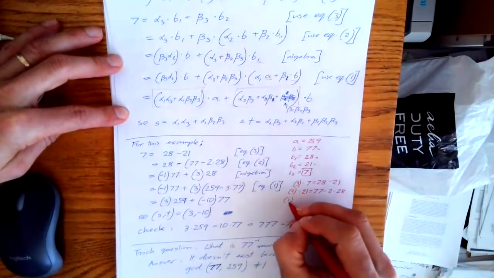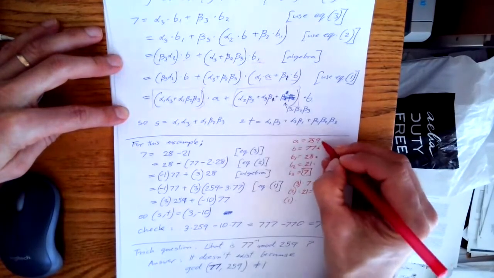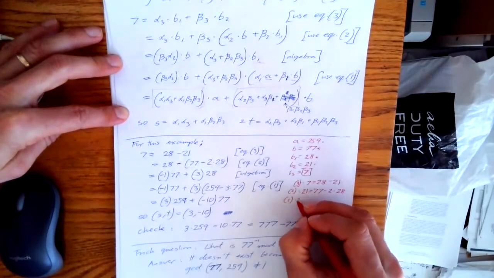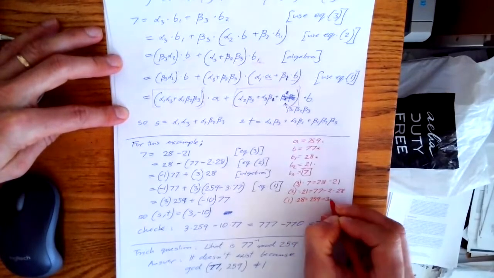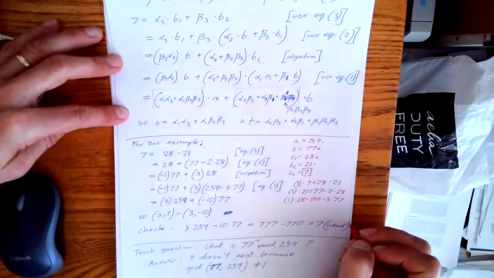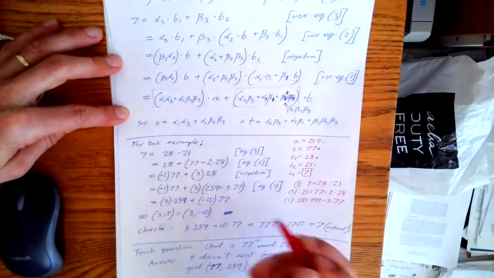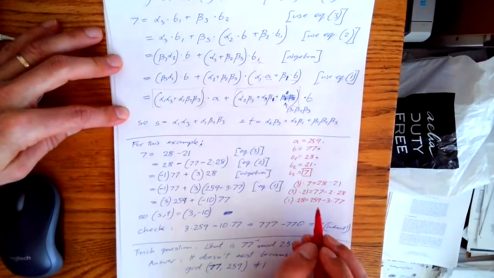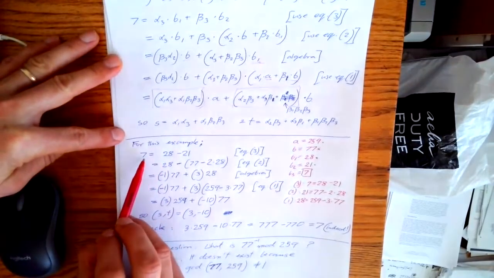And equation 1 expressed this guy as a linear combination of these two. And what did it say? It said 28 is 259 minus 3 times 77. And these coefficients don't really matter. Whatever they were, you will be able to compute them, right? The point is that these linear equations exist.